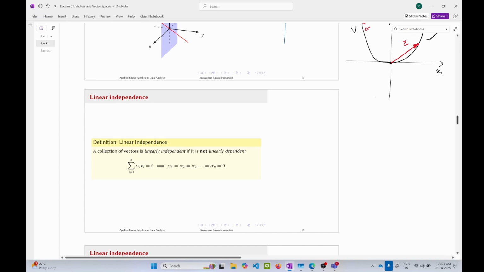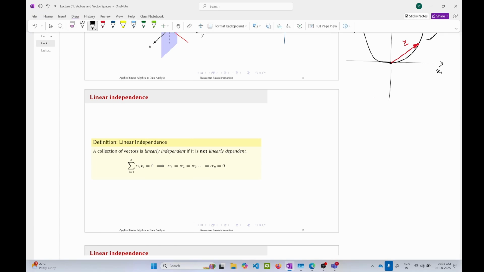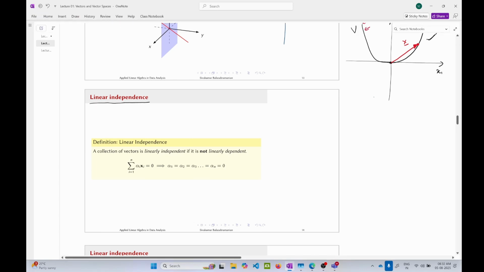Two important definitions: vector space and subspace. I hope the geometry behind these two is also now clear. The next very important definition is linear independence.